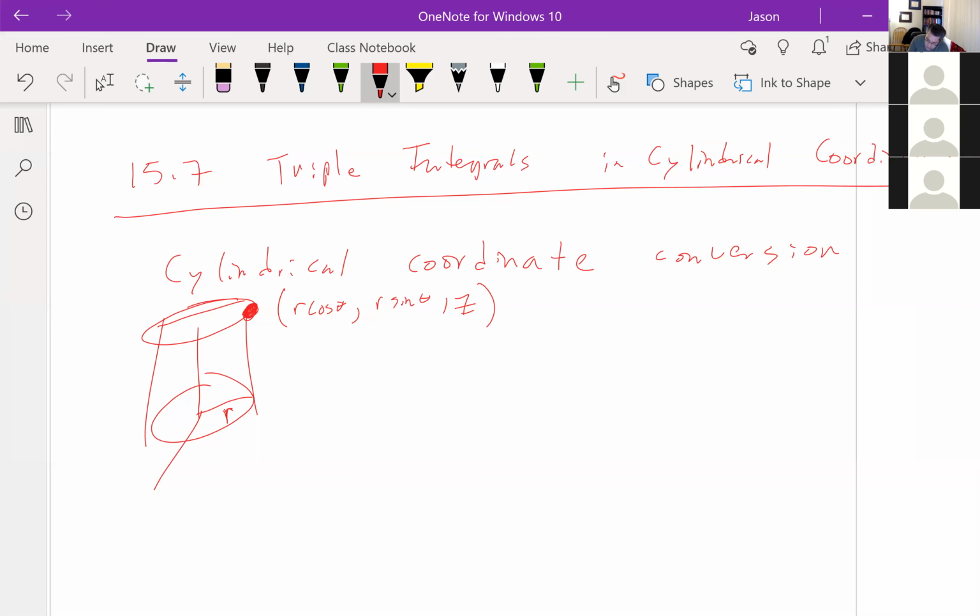Cylindrical coordinates is basically polar coordinates with your extra Z coordinate. So we also have R squared equal to X squared plus Y squared, X equal to R cosine theta, and theta is equal to the inverse tangent of Y over X.